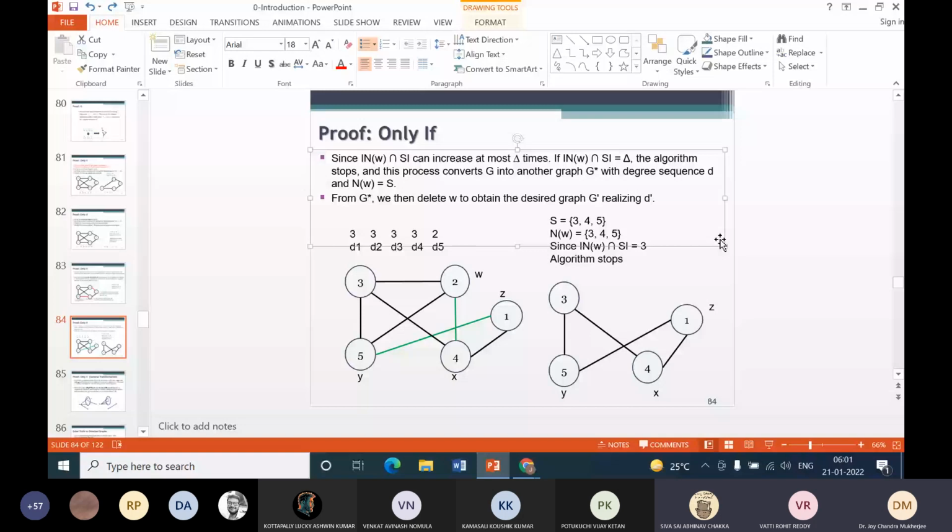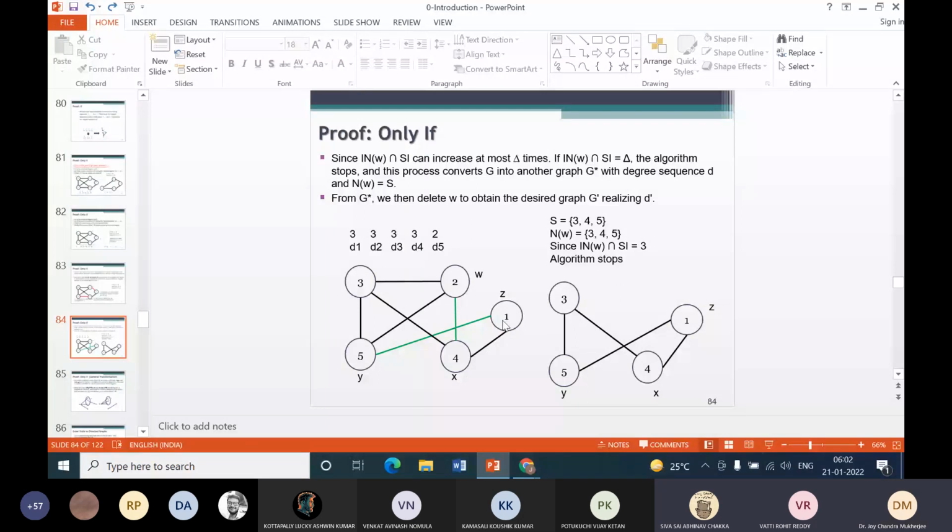Which are the vertices? One vertex definitely must be Z, which earlier was the neighbor of W. Since it loses one degree, we have to create some edge from here itself. One endpoint will be Z. What is the other endpoint of that edge?